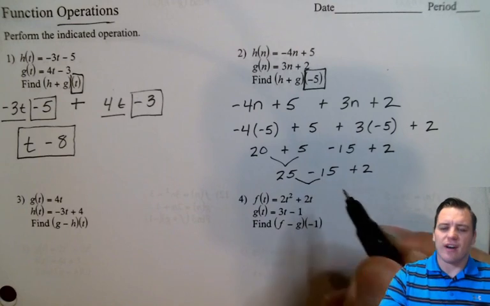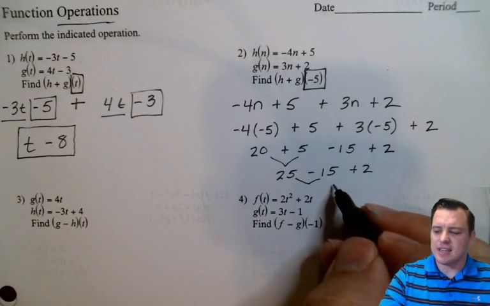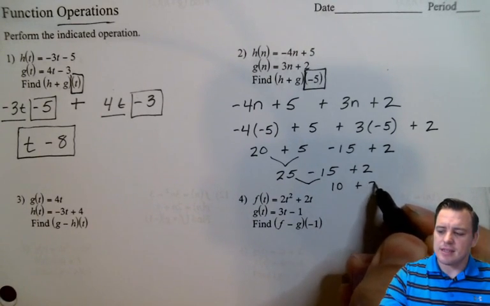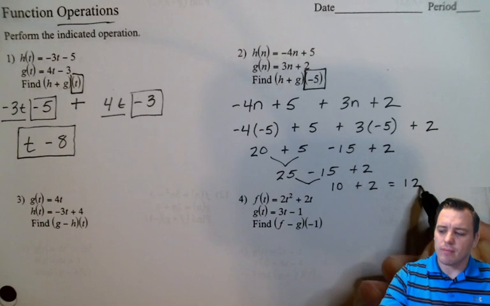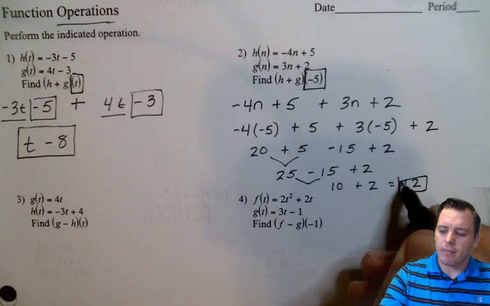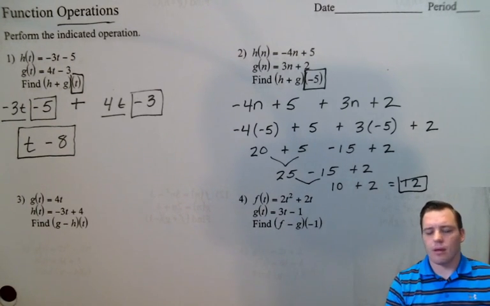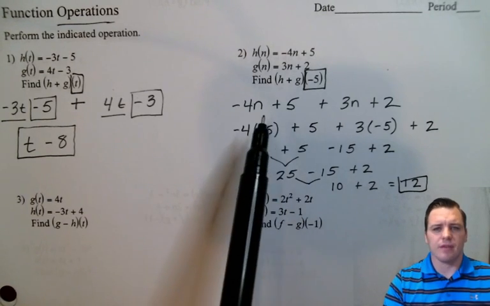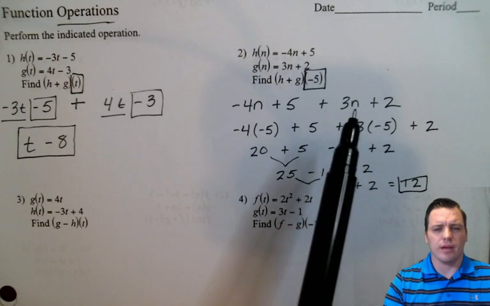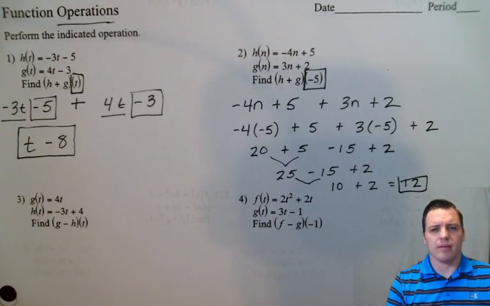And then 25 minus 15 is 10. And 10 plus 2 is 12. You get the same thing if you were to combine -4 and 3 and then go from there. Okay? You would get the same thing.